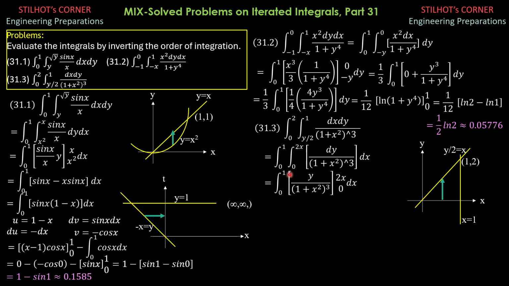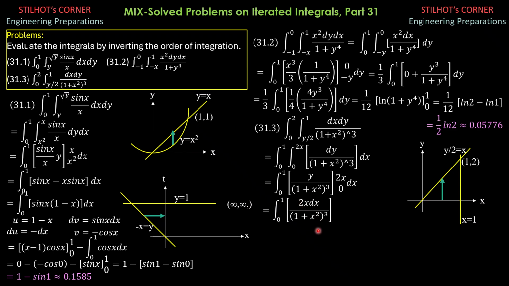When y is 0, everything would be 0. So that would be integral 0 to 1 of 2x over 1 plus x squared quantity cube dx. And 2x dx. So this is now in the form, if you put u be 1 plus x squared, the differential is in the numerator, 2x dx.